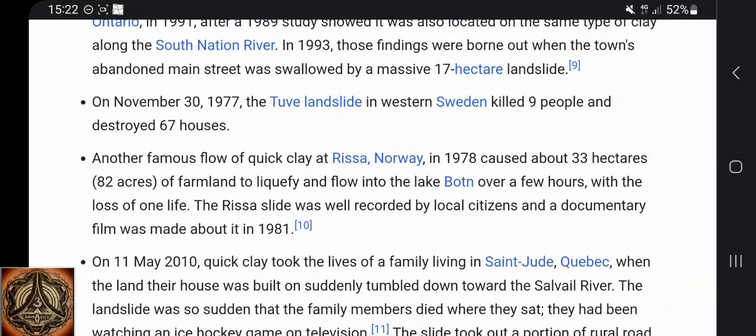Another famous flow of quick clay at Rissa, Norway in 1978 caused about 33 hectares, 82 acres of farmland to liquefy and flow into the lake bottom over a few hours, with the loss of one life. The Rissa landslide was well recorded by local citizens, and a documentary film was made about it in 1981. So now let's have a quick look at that.